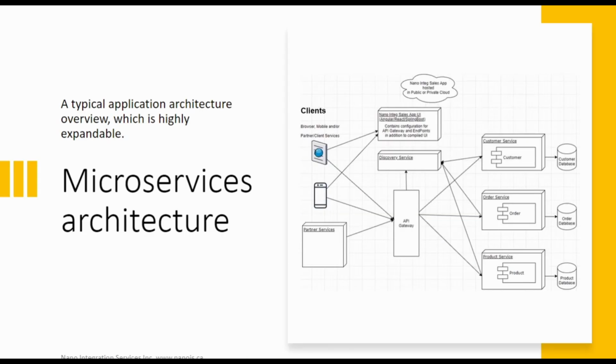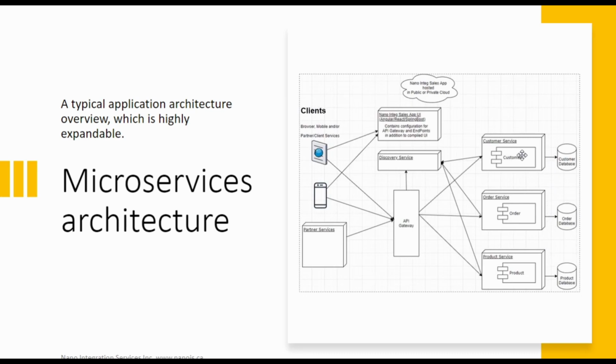Okay, so let's have a look at microservices architecture. This is the decomposition of our sample nano integration sales app, which we saw earlier as a monolithic application. On the very right hand side, we can see there are three different databases: customer database, order, and product database.